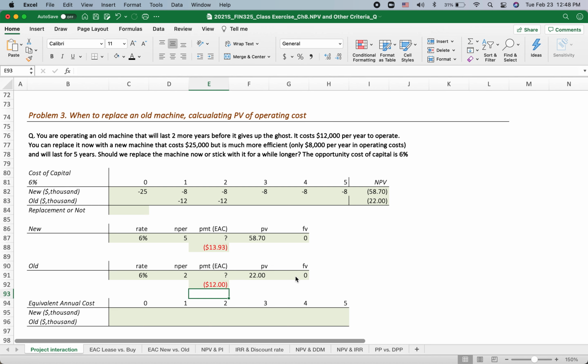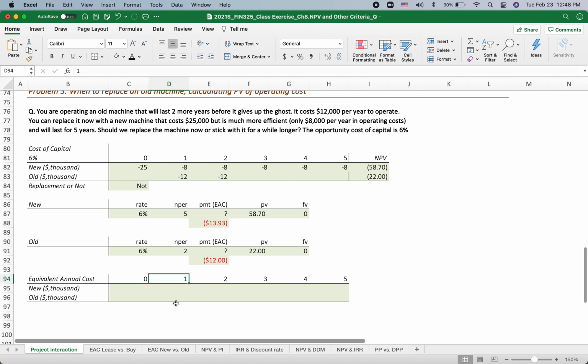So okay, we got $12,000 as the annual cost. So we don't have to replace this machine, because the old machine just shows only $12,000 annual equivalent cost. But the new machine cost is $13,930. So it's not necessary to replace.